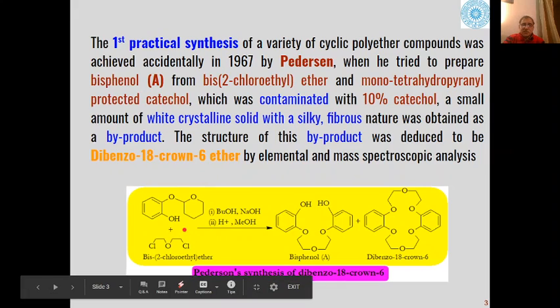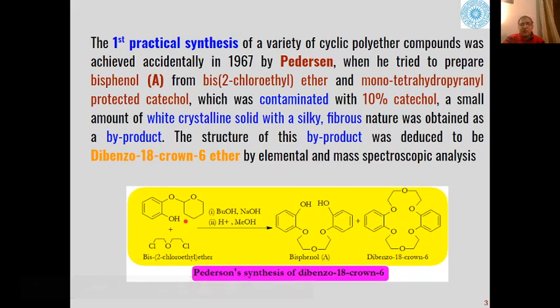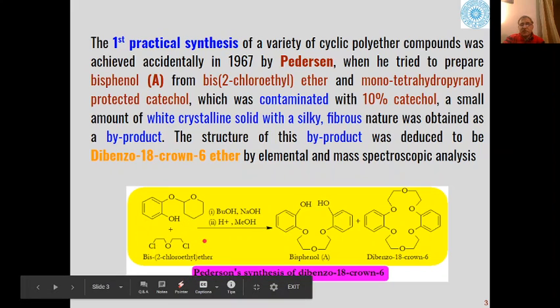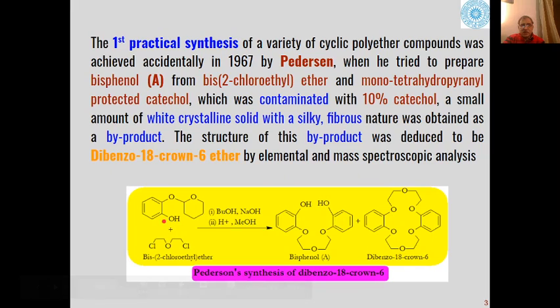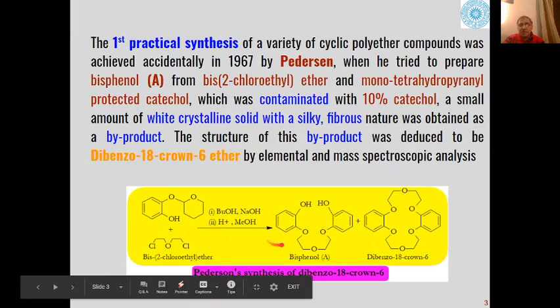So when bis-2-chloroethyl ether was condensed with mono-tetrahydropyranyl catechol, this one, in the presence of butanol and sodium hydroxide, it was expected that bisphenol A would be formed.